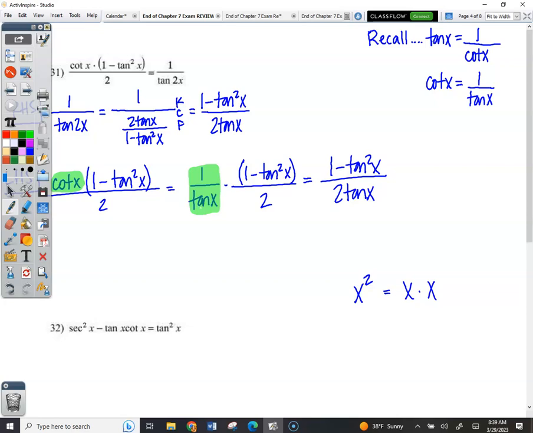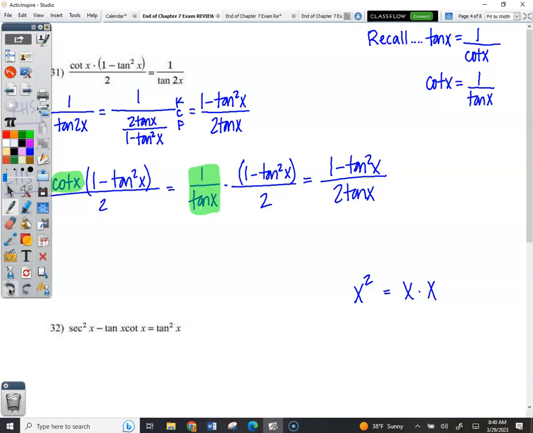I think they're saying 1 minus tan squared over tan x over 2. I think that is what they're saying. Doing the 1 minus tan squared times cotan and putting 2 under all of that, so that I've got my 2 right here, right? Where it started? Okay. This green is 1 over tan.